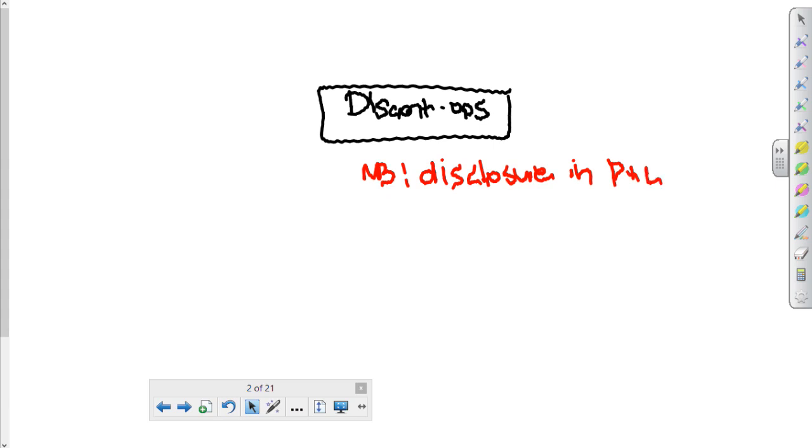And essentially what I'm going to do if I have a discontinued operation is I'm going to take my P&L and I'm going to split it into two P&Ls.